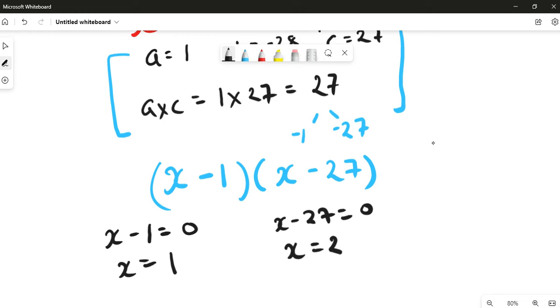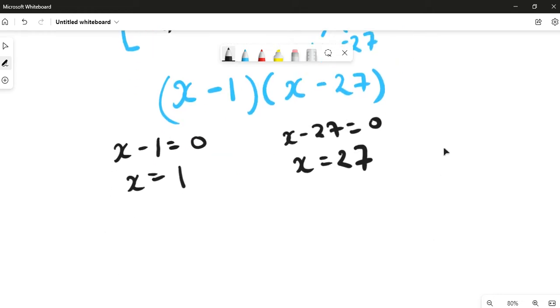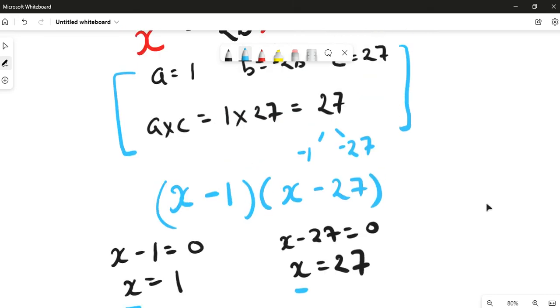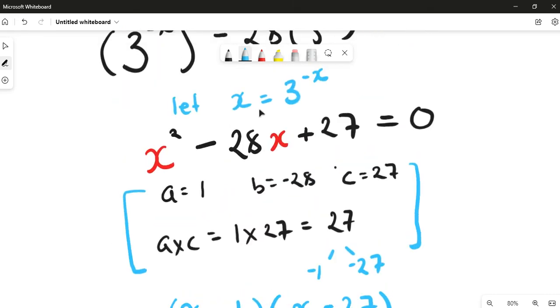Now, we are not yet done, because these values of x, remember, we said x is equal to 3 to the power negative x. We substituted our x here. Let x be 3 to the power negative x.